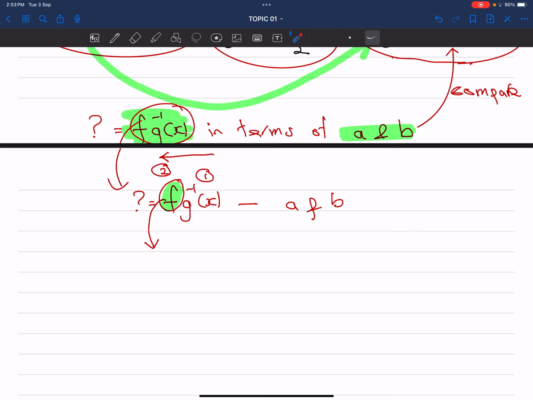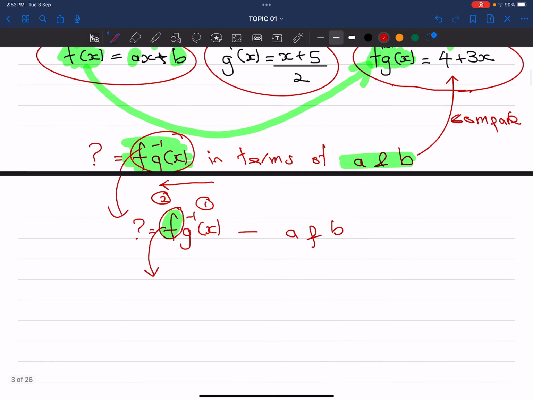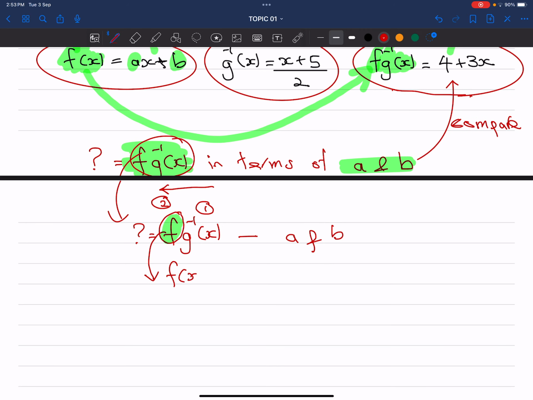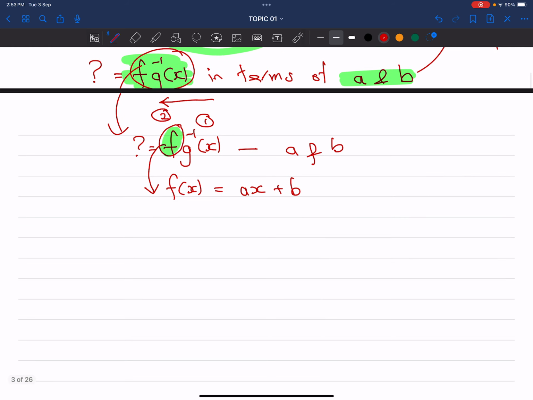So to find composite fg inverse, the function in front, f, we write back. That would be f(x), which is ax plus b. In the composite fg inverse, the x is replaced by g inverse.